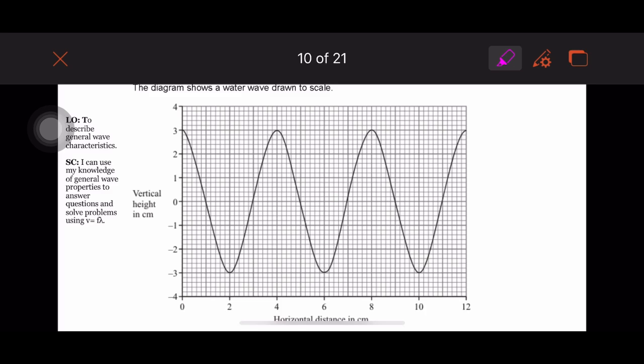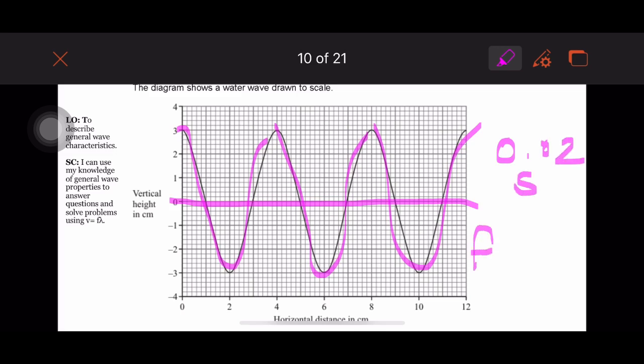So in here, let's say, because it didn't say how much time it took for this wave to be completed. Now let's say that this, how many waves? 1, 2, and 3 waves was completed in 0.02 seconds.